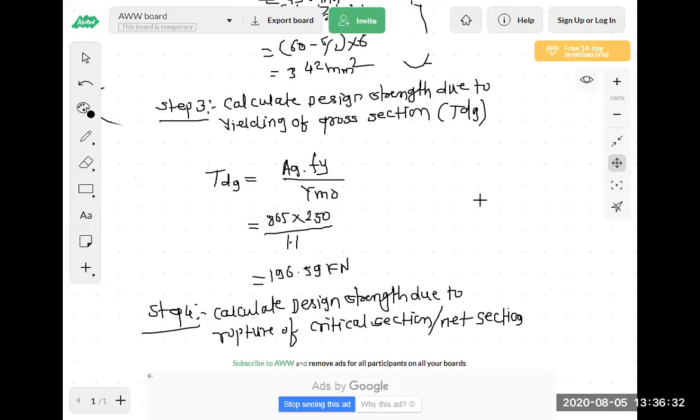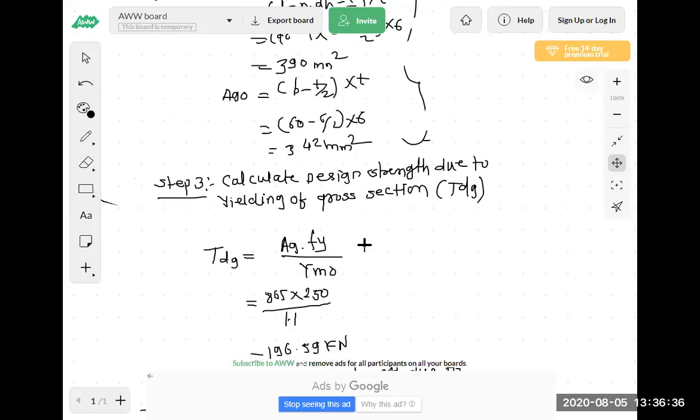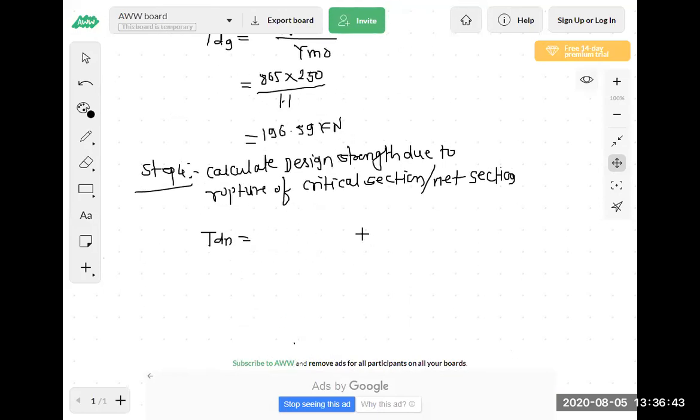If the number of bolts are given, then you have to calculate ANC in AGO, because we have to use the formula of beta for TDN. TDNच्या फॉर्म्युल्यामध्ये बीटा आणि अल्फा 2 आहेत. बीटाच्या फॉर्म्युल्यामध्ये ANC in AGO आहे. If we use the formula of beta, then ANC in AGO we have to calculate in step number 2. If we use the formula of alpha, then we have to calculate AN. We will see. Now here we have to use the formula of beta.